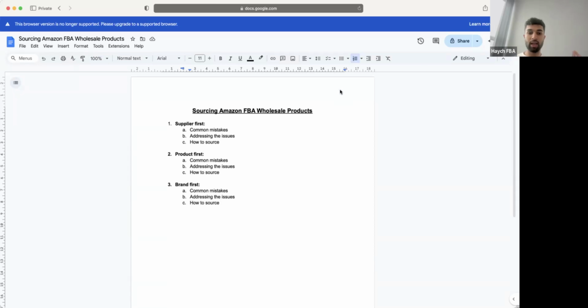It's all these things that will give you the longevity within your business. So on each of the three points we've discussed: supplier, product, brand, how to source, but essentially sourcing in a way which is to a much higher level and will bring our wholesale business longevity and profits over the long term, because that's what we're after when running an Amazon FBA wholesale business.